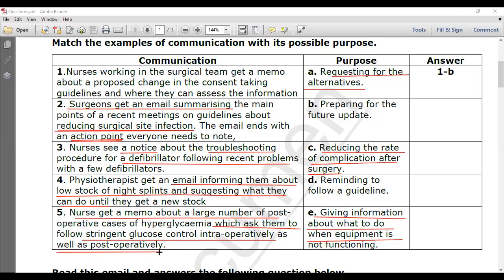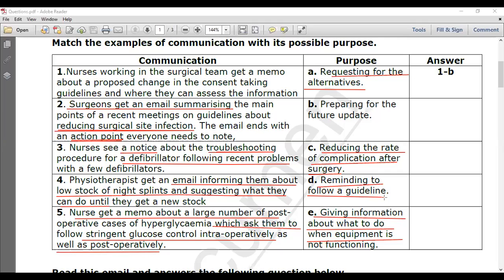So memo is most of the time maybe a warning or a reminder to the procedure. So yeah, that's correct. It is reminding them to follow a guideline. So fifth is D here.